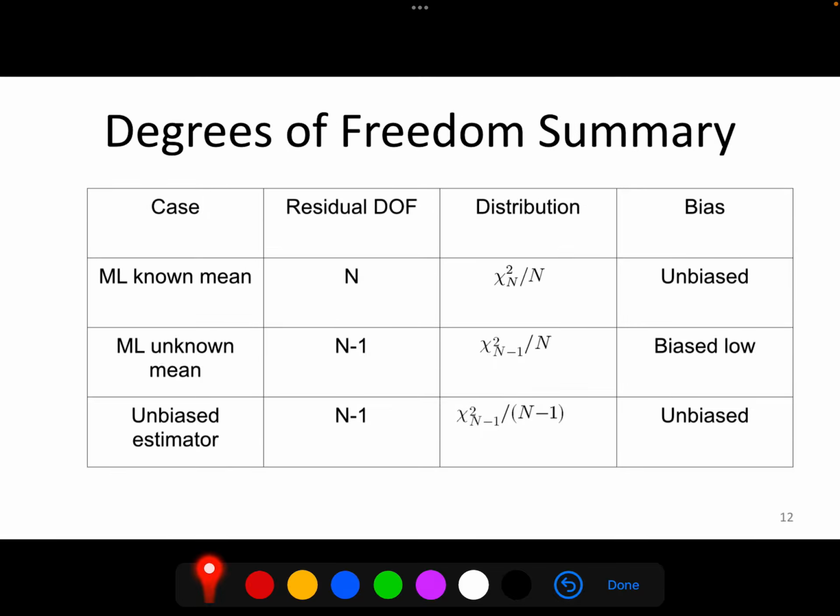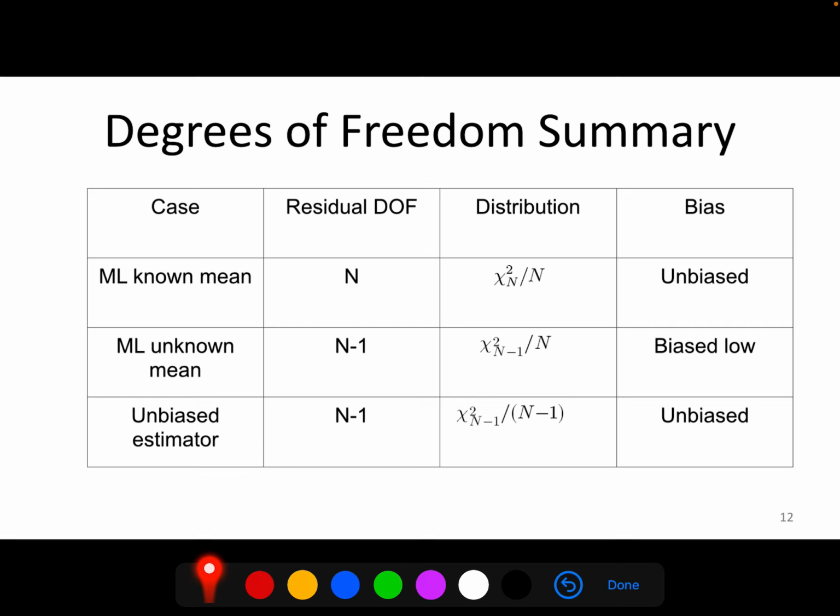Now everything fits together. For the ML estimator, when the mean is known, the residual lives in n dimensions. The variance follows the scaled chi-square distribution with n degrees of freedom. The ML estimator in this case is unbiased.